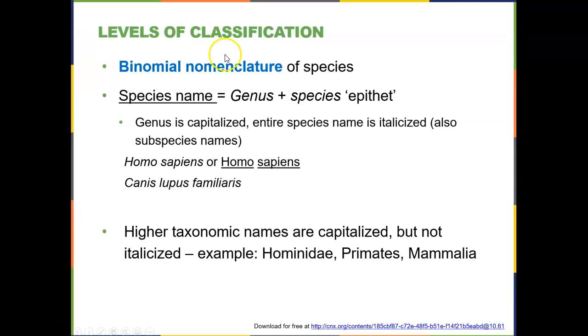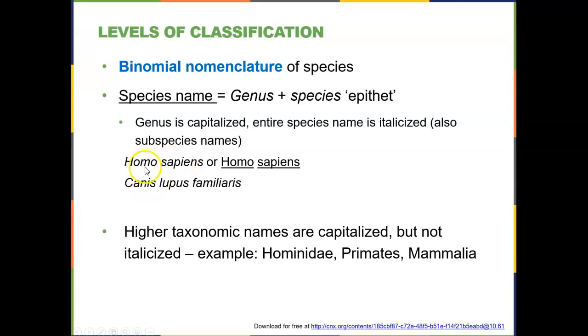So in general, when we talk about a species, we just use their genus and species names. In writing those, we always write the genus with a capital letter to start, and the entire name is italicized, including the species name. The species name is not capitalized.